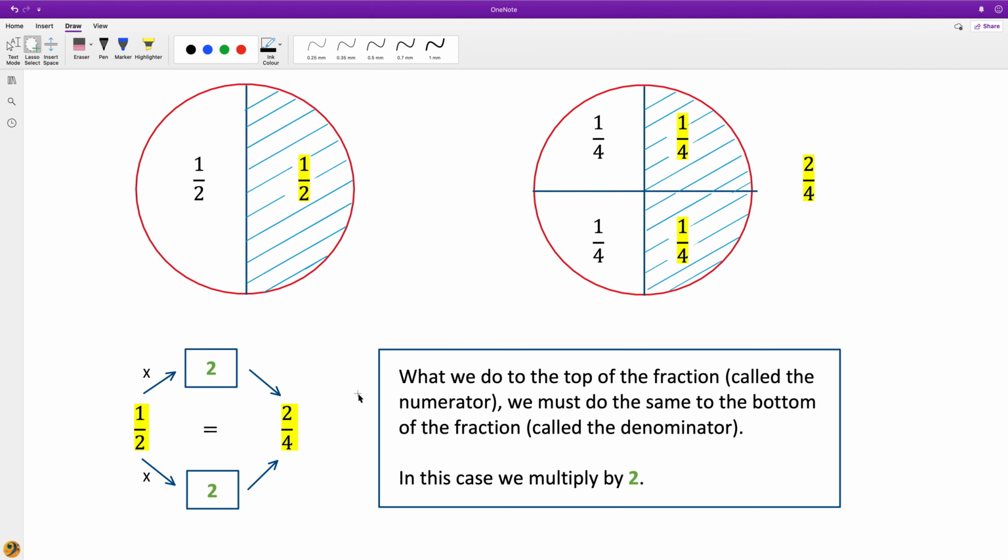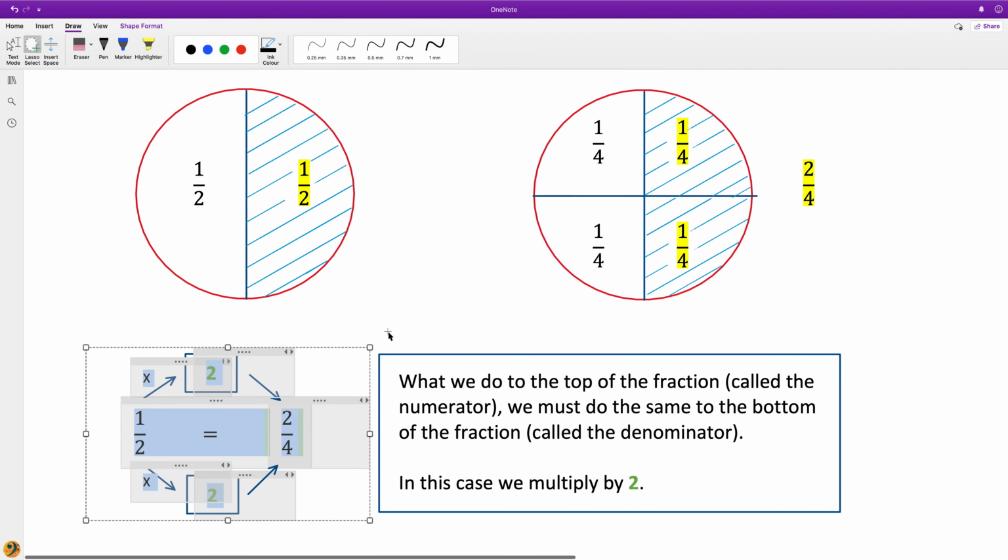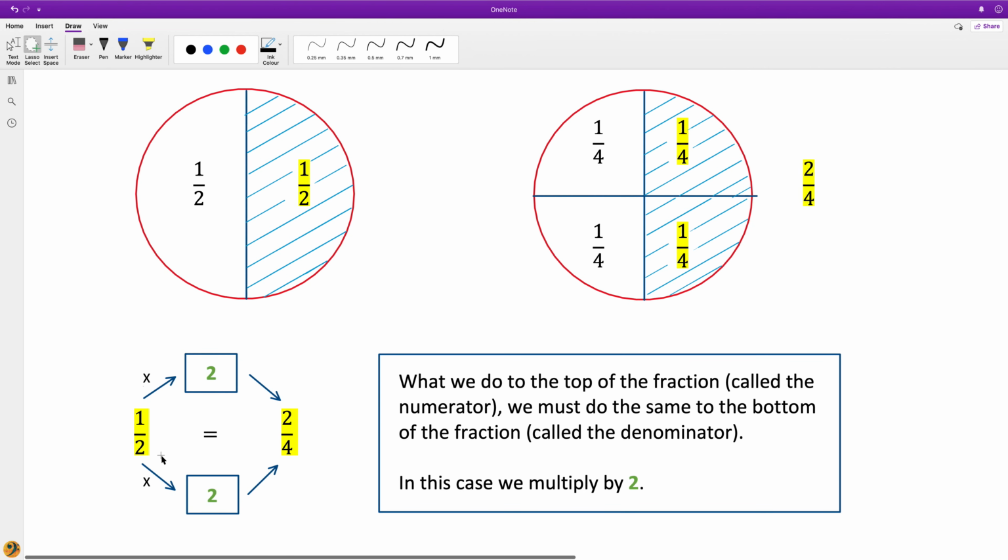All right, so there is a mathematical way, and we've just got this little bit of a formula box here down the bottom right. So very important, the most important rule of equivalent fractions is to know what we do to the top of the fraction.